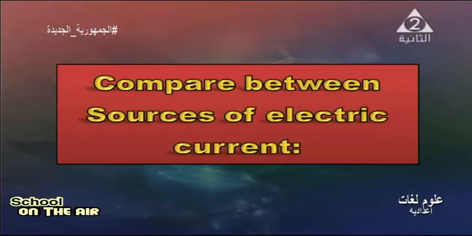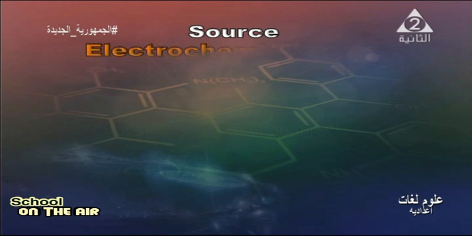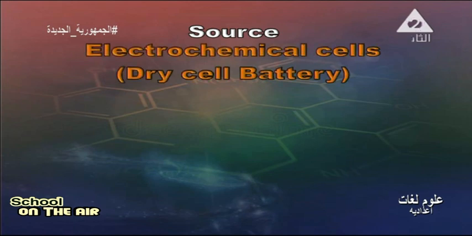Compare between sources of electric current. This question is very important because there are two types of sources of electric current. The first one is the electrochemical cell or dry cell battery.